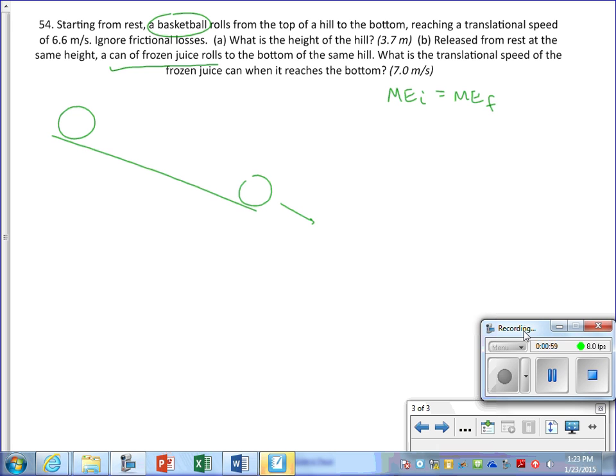I'm going to start by using conservation of mechanical energy. We can write all the terms for each side, which you might choose to eliminate a couple of right off the bat. But if we're looking at all of them, the mechanical energy of one of these objects can be expressed as its GPE plus its translational kinetic energy plus its rotational kinetic energy.